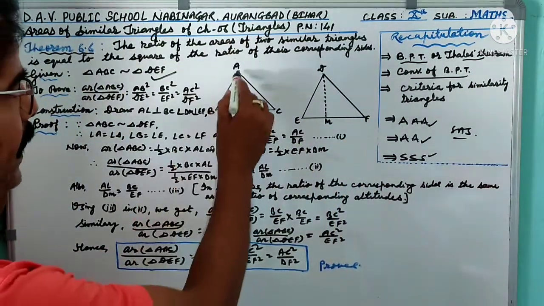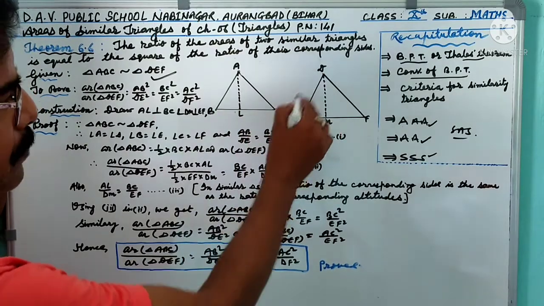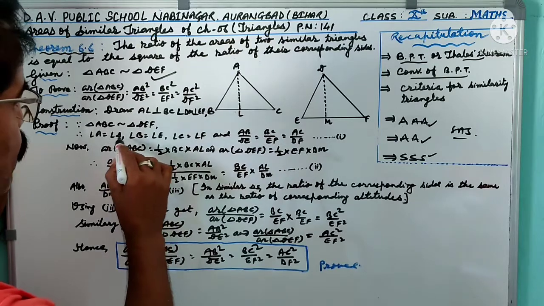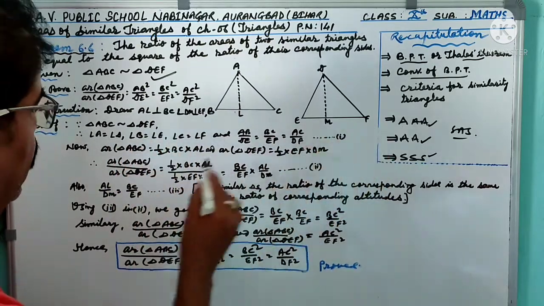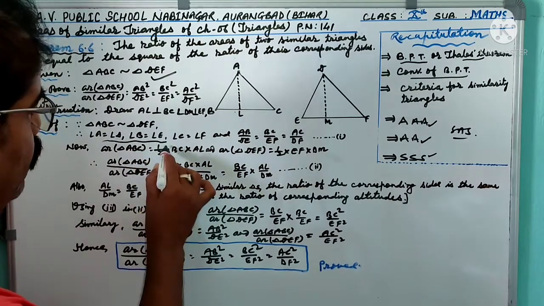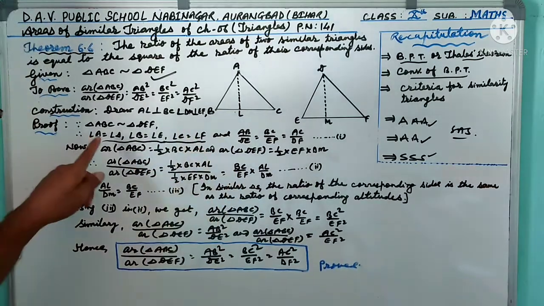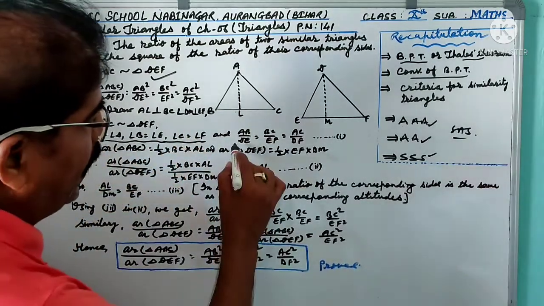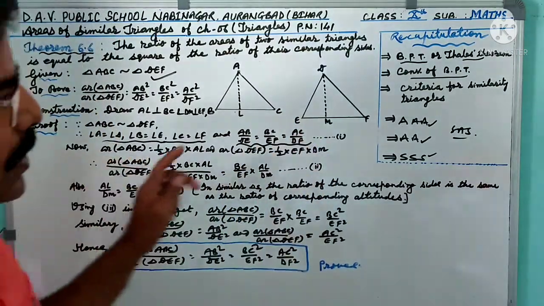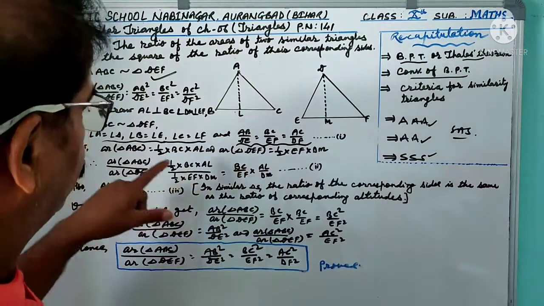Since triangle ABC is similar to triangle DEF, as given, by criteria of similarity of two triangles, all corresponding angles are equal and their corresponding sides are in the same ratio.